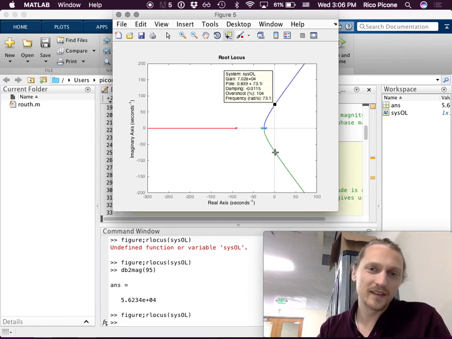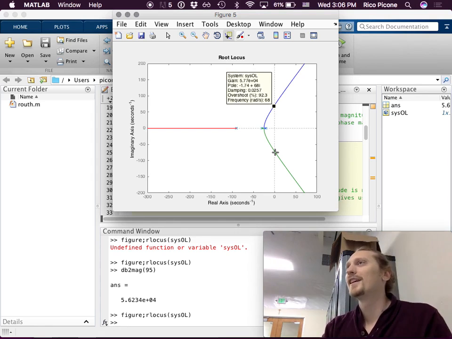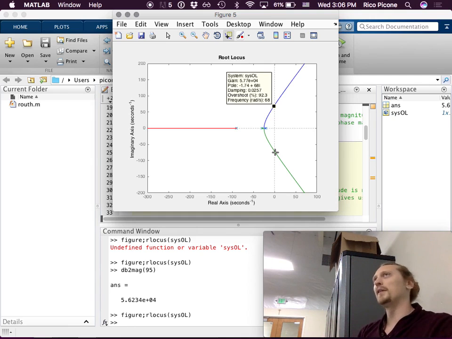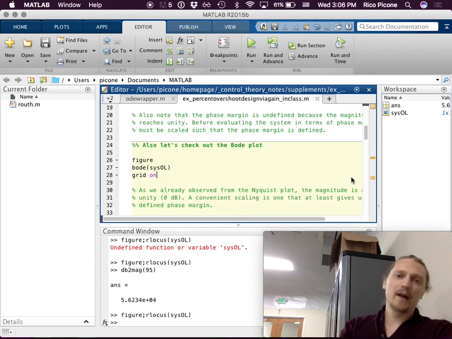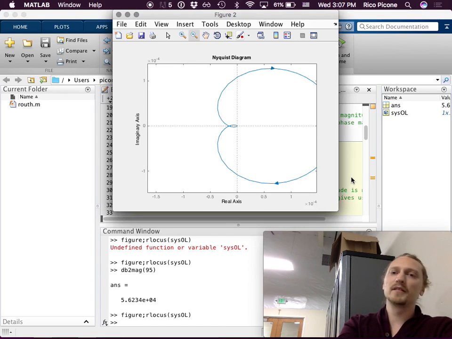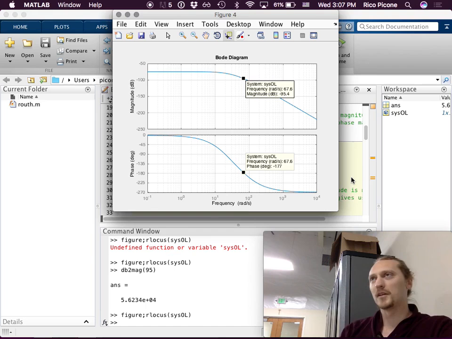But this is 56,000. Well, it's 57, 58,000. So somewhere in there. So this is the point. This is the gain crossover point. So we know how to do this with root locus, finding the gain that becomes unstable. But now we can see how to do that with a Bode plot as well, looking in terms of phase margins and gain margins.